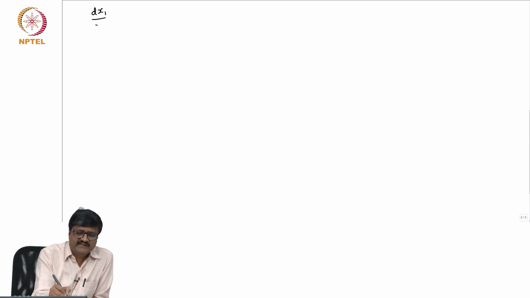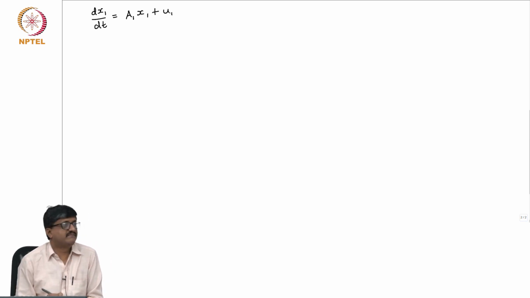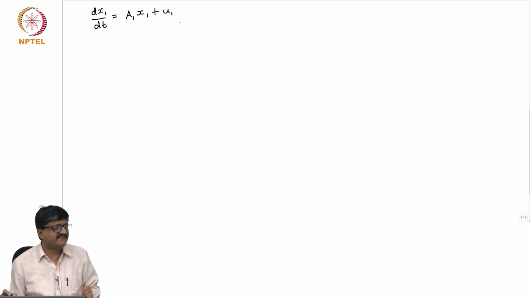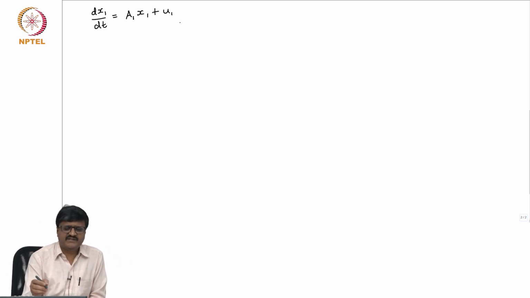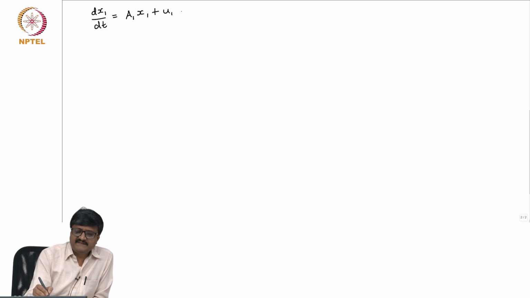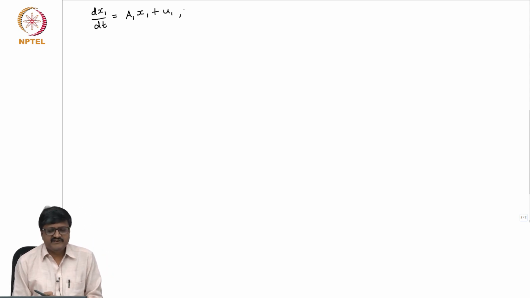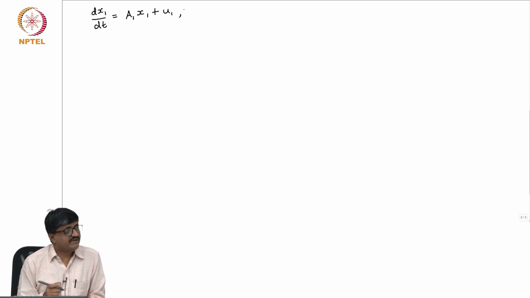So it will be dx1 by dt is equal to a constant matrix A1 times x1 plus u1. So u1 is the forcing function or the input. In our case we have some sources on the AC side, DC side, voltage sources, current sources. So that can come in u1. Okay. So this is the equation for the circuit in the first subinterval.